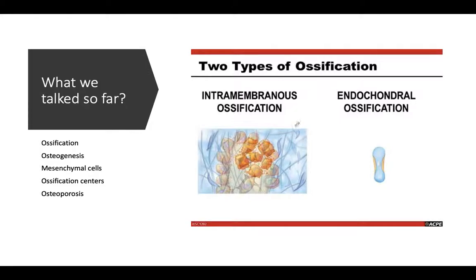So, what is the difference between intramembranous and endochondral ossification? Intramembranous ossification gives rise directly from these mesenchymal connective tissues. Okay, undifferentiated mesenchymal connective tissues give rise to the condition called intramembranous ossification.